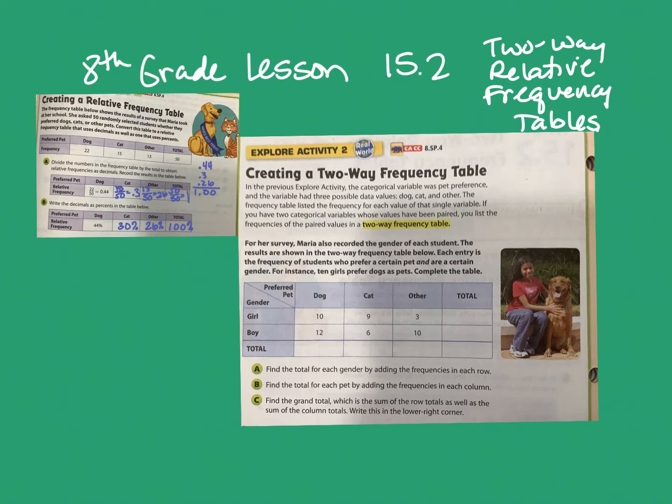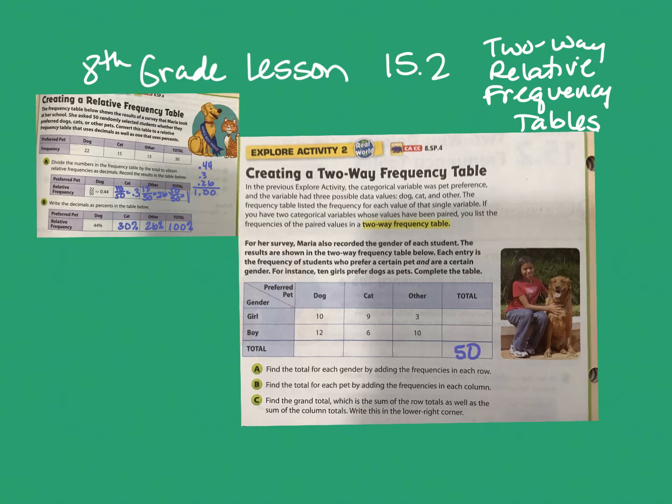So she's got two pieces of data, girls, boys, and what were their preferences for dogs, cats, and others. So now we're comparing two categories of information. Of the total girls, I would just add all of these up across here. And remember, it's still 50 students, right? We still had 50 that were asked.